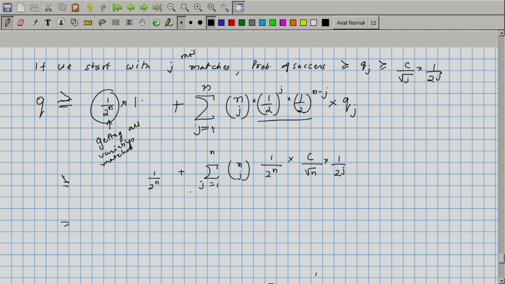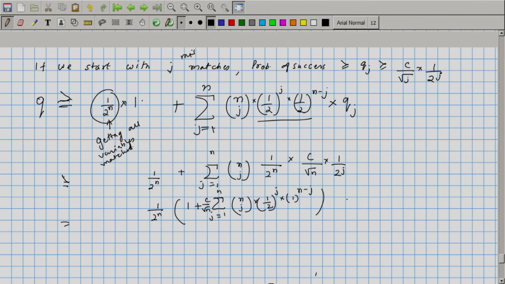Okay. So, here from this we can take 1 by 2 raised to n outside, 1 plus summation j equals 1 to n. So, c by root n is common, n choose j into 1 by 2 raised to j into 1 raised to n minus j.